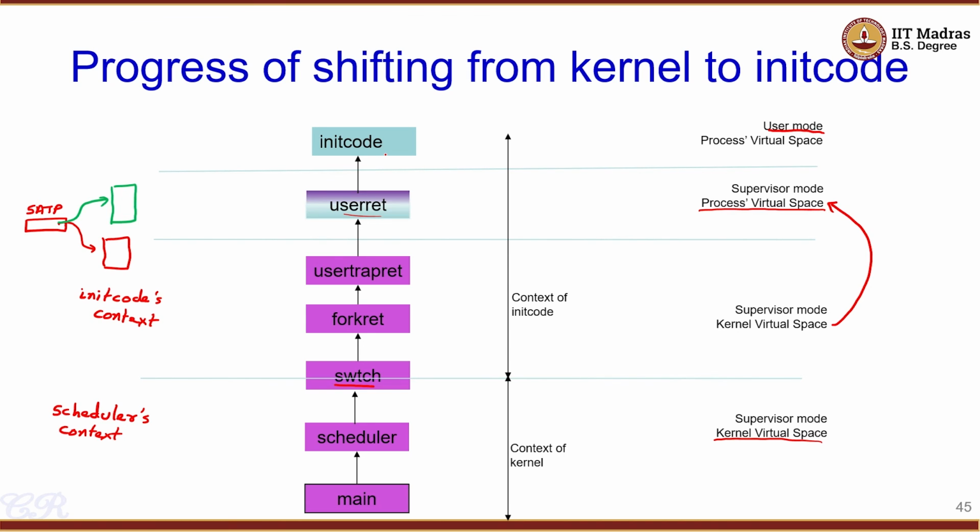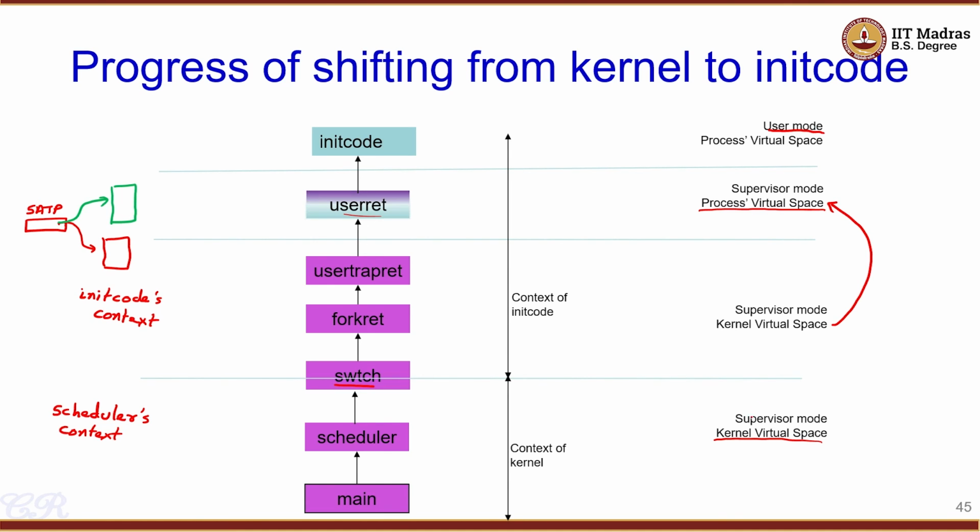So to execute one process, we have multiple functions that are invoked, such as the scheduler, swtch, forkret, usertrapret, and userret, and finally initcode that executes in the user mode. We also have switching between different virtual address spaces.